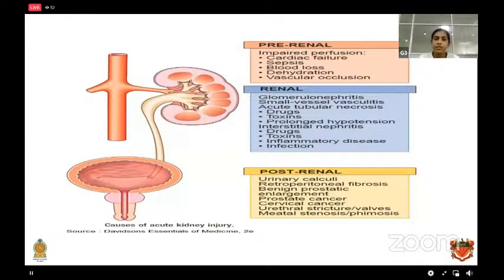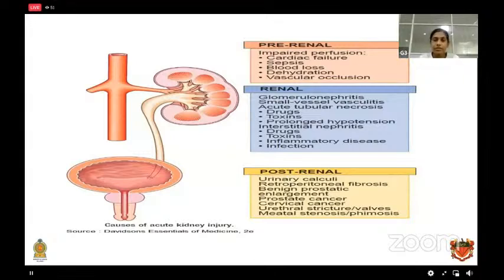That means the blood supply to the kidney can get affected and lead to renal impairment. Then the renal, that means the renal parenchyma, which contains nephrons, glomeruli, interstitium, and blood vessels. If any pathology is related to that renal parenchyma, it obviously leads to renal impairment.